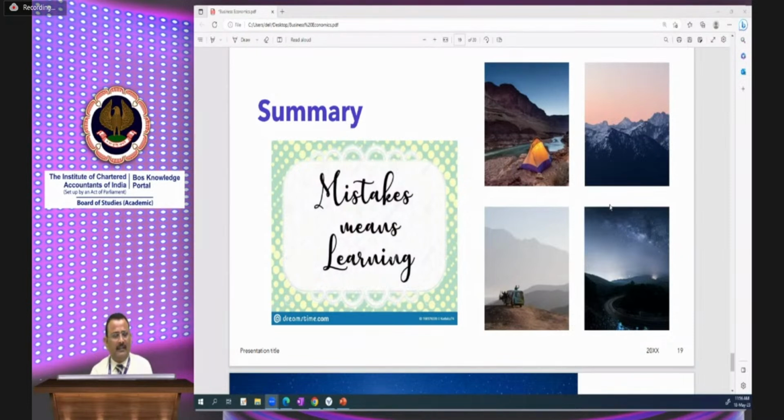Then there are the MCQs given at the end of each chapter. Try to practice the MCQs. One thing is, before attempting any test series, try to finish your syllabus first, because if you have not completed your syllabus and you attempt it, you will get fewer marks and your confidence will be lower.